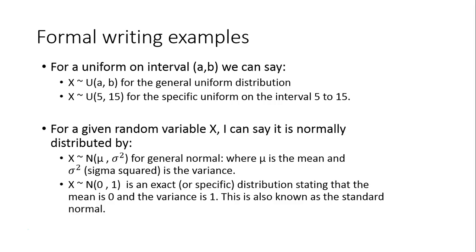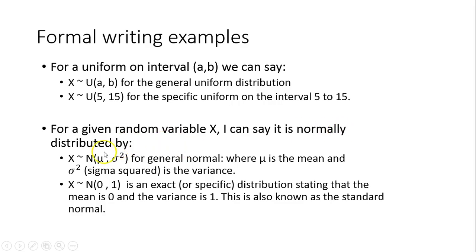Formal writing examples. For a uniform on an interval AB, we can say that x is a uniform from A to B, starting point A to finishing point B. The example was 5 and 15, if you remember. Now, for a given random variable x, you can say it's normally distributed.